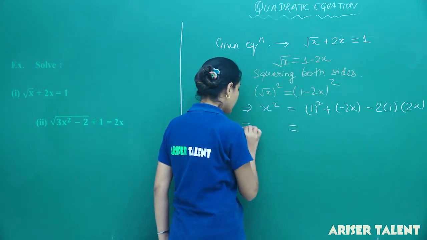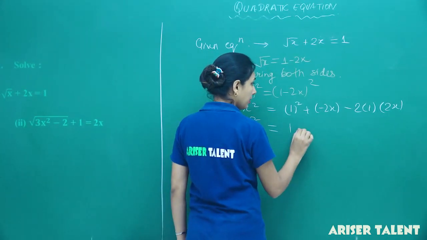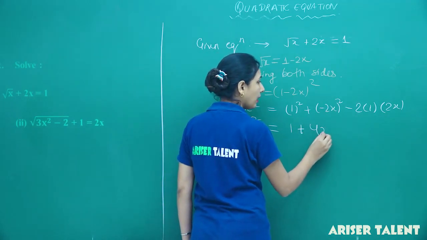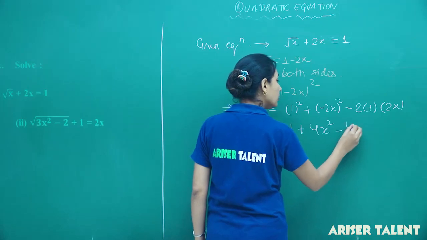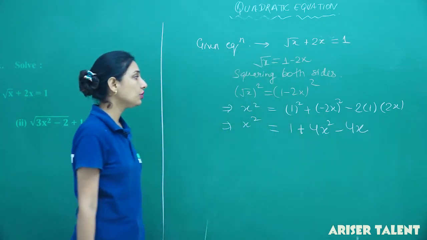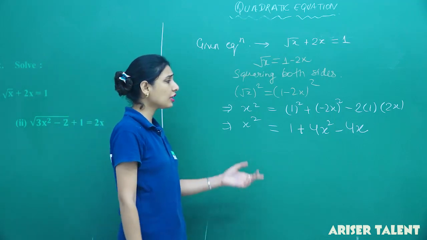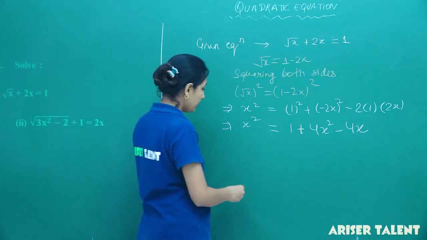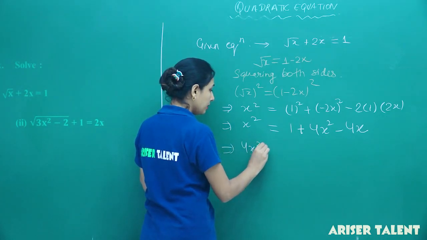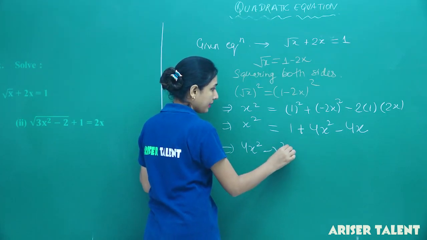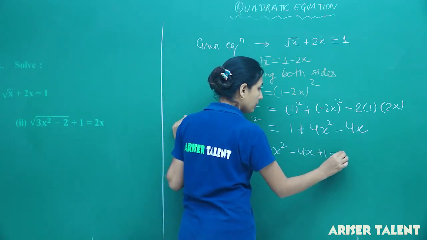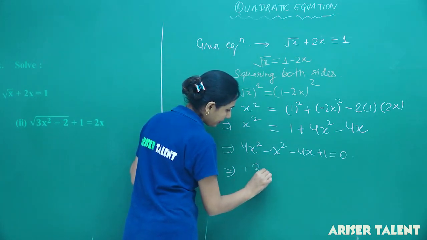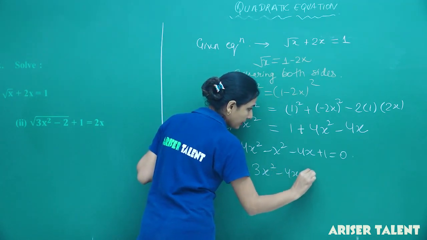So what will it become? x square equals to 1 plus 4x square minus 4x. Now students, what I have told you, just transpose all the terms to one side and 0 to the other side. Okay, so that will become 4x square minus x square minus 4x plus 1 equals to 0. This will give you nothing but 3x square minus 4x plus 1 equals to 0.